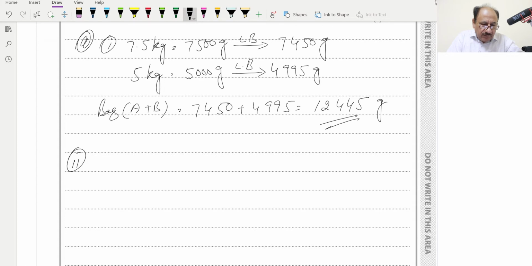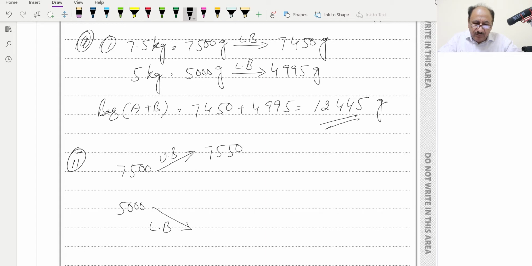For 7500 we will check the upper bound, and for 5000, which is 5 kg, we will check the lower bound so that we will get the maximum difference between these two values. So upper bound will be 7550 because this is nearest 100, and lower bound will be 4995 because this is to the nearest 10 grams. And the difference will be what?